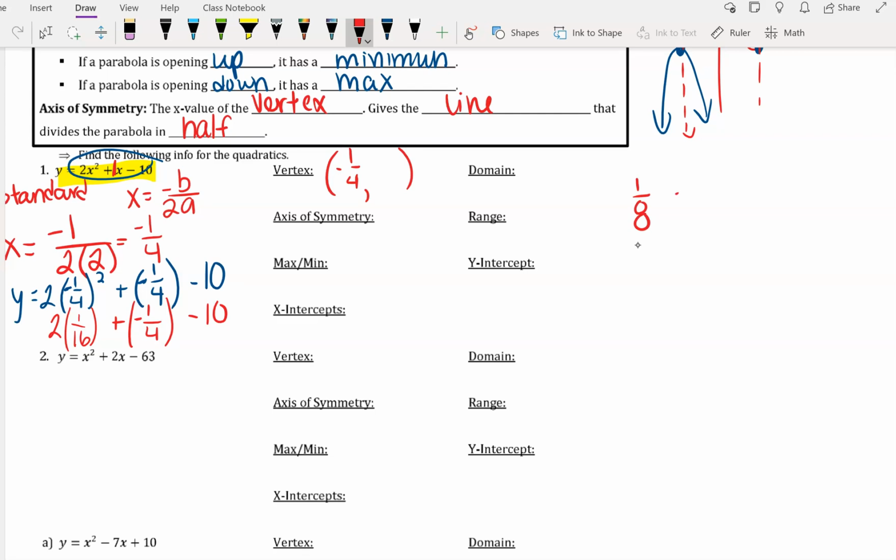Plus negative 1/4, so that'll be minus 1/4, and then minus 10. 1/8 and 1/4, I need a common denominator, so I'm going to multiply this second one by 2 on top and bottom so that I can get a common denominator. So I'll have 1/8 minus 2/8 will be negative 1/8 minus 10 gives us negative 10 and 1/8.